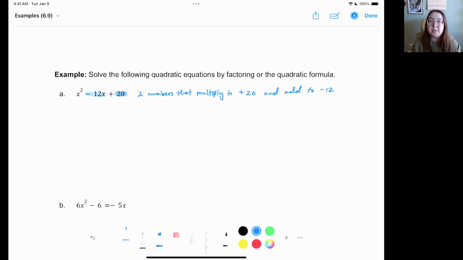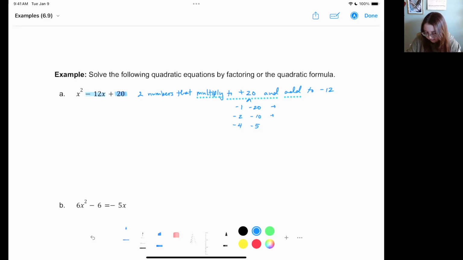We also have 2 and 10, 4 and 5. So you could look at all the different combinations of that. But when you add those numbers together, they're going to equal -12, and they both need to be negative. So this would be like -1 and -20, -2 and -10, -4 and -5.